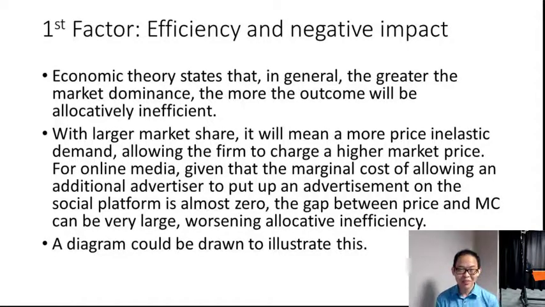So the marginal cost of allowing an additional advertiser is almost zero. With the MC being almost zero, and the price being higher and higher, the gap between price and marginal cost can be very large. So this could worsen the allocative inefficiency. If you have time, of course, you could draw a graph to illustrate this, the standard deadweight loss.